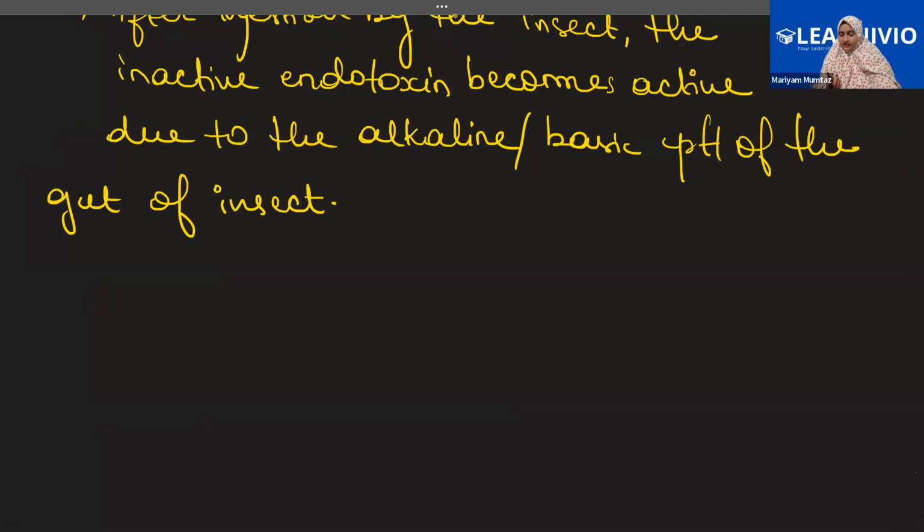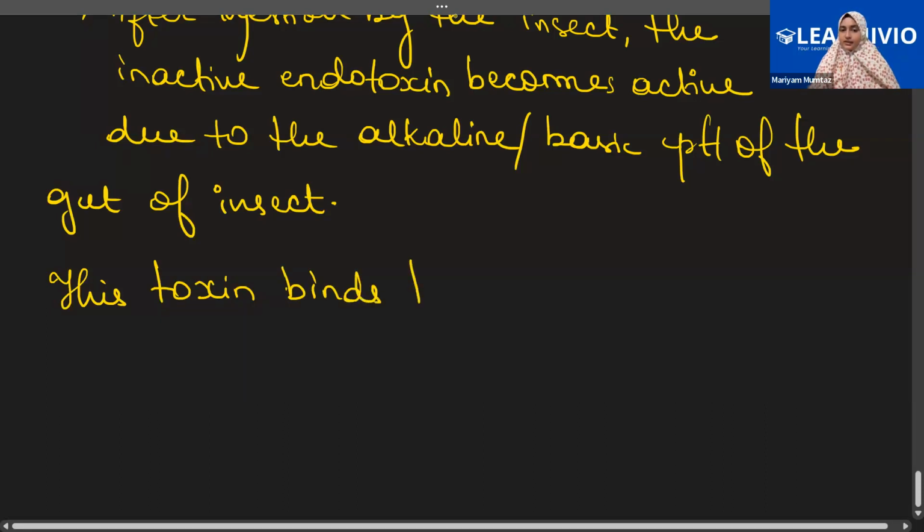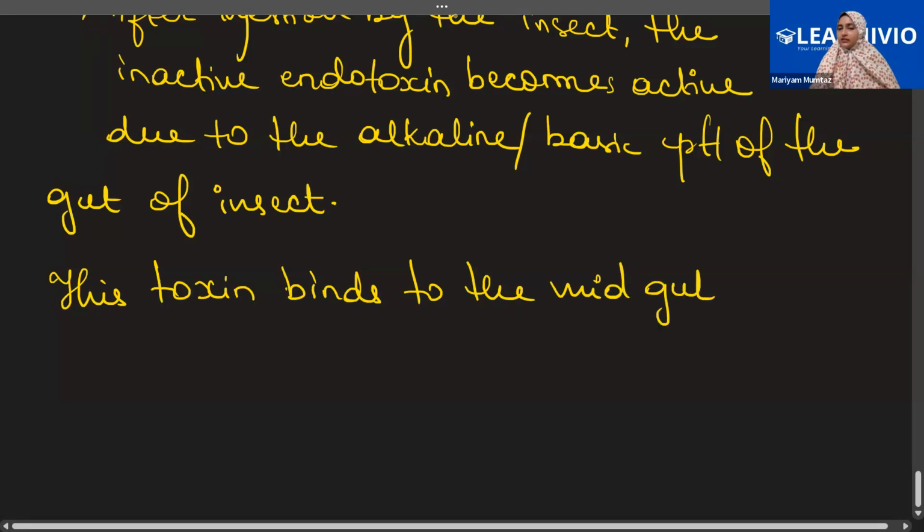So imagine the insect ate the particular plant, then what happens? The toxins are released into the body of the insect. This toxin binds to the midgut. You know midgut, hindgut, foregut, like how midbrain, hindbrain, forebrain are there.